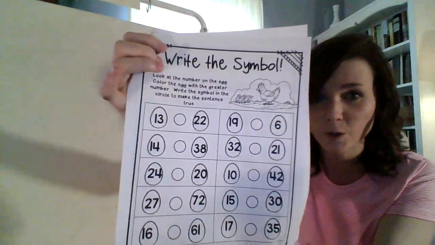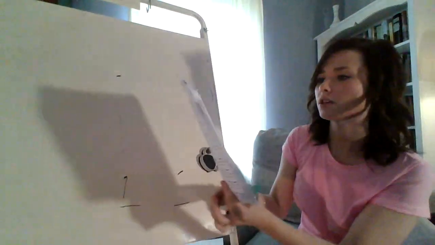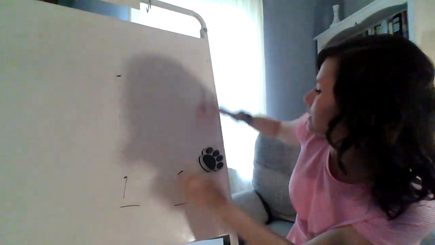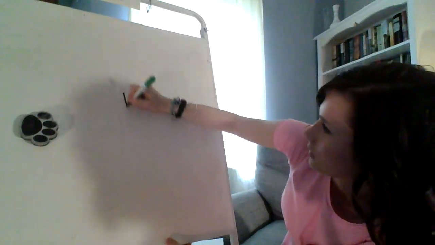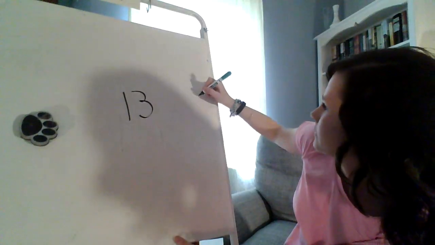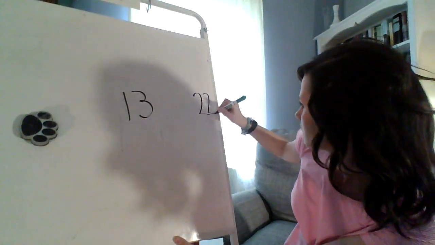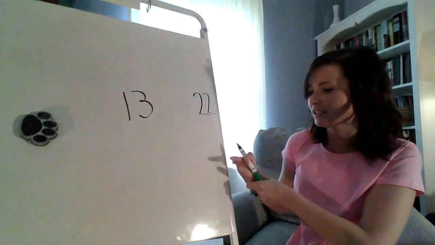This next page, you're going to be filling in or drawing Chompy. So if we have 13, and then we have 22. Chompy wants to eat the greater number. Which one is Chompy going to eat?